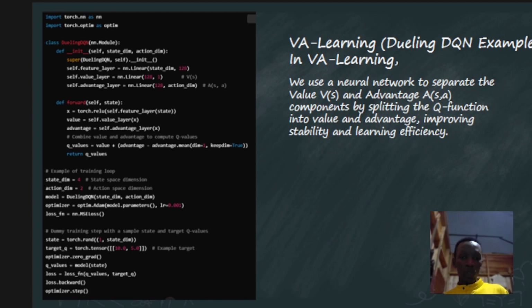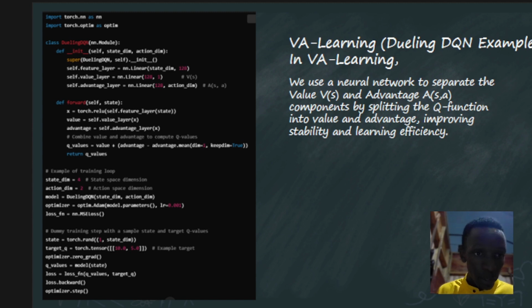We use a neural network to compute key values by separating them into the value function and advantage function. And here we train the loop for the dueling network. You have the classes, and in those classes you have the functions. So, the examples of this loop we have here.